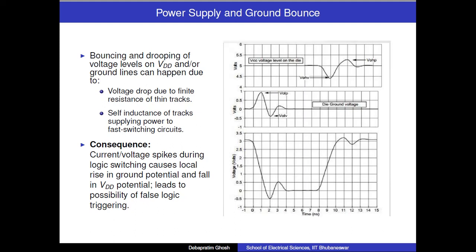So therefore, to balance it out, there will be either a spike or a drop in the power supply line, and this is called bouncing, and it's very, very bad. It can cause degradation in performance of your circuit, in this case the inverter.